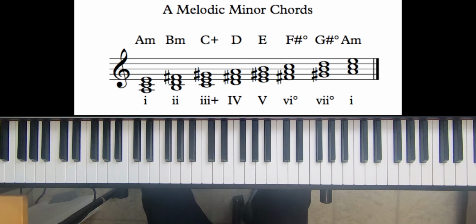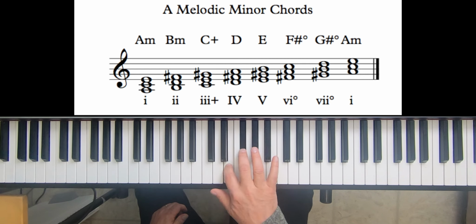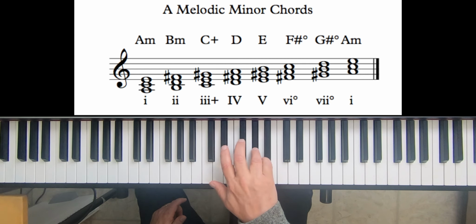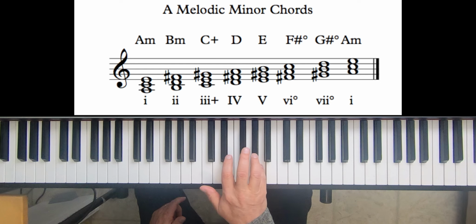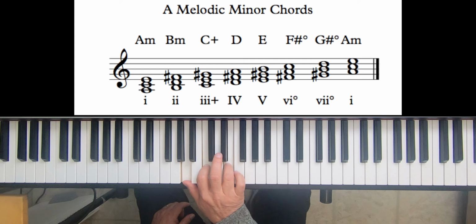Now, let's look at the melodic minor scale. And you remember that in the melodic minor, we have to raise the 6th and 7th note. When it goes back down, it reverts to the same as natural minor. So we're going to build chords on each note of the melodic minor scale, going up, of course.